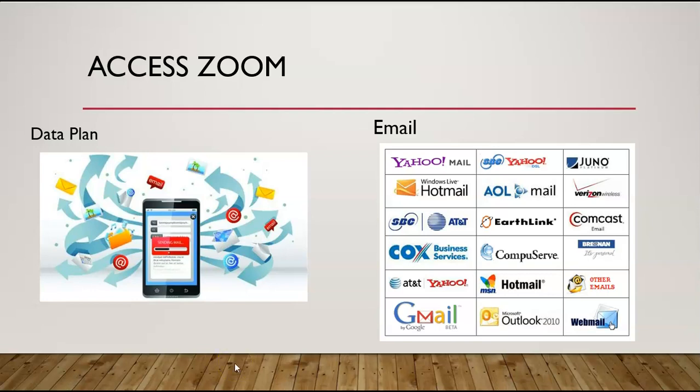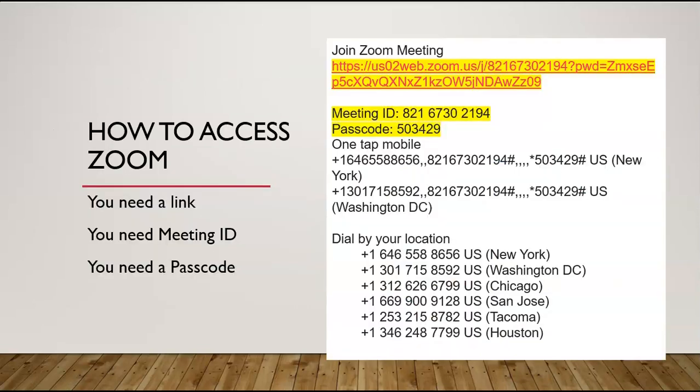Now that you know what you have and what equipment you need, the next step is actually showing them what it's going to look like for them to access Zoom. So you take them to where you access Zoom, which is the link.